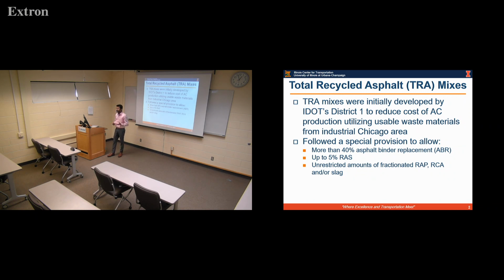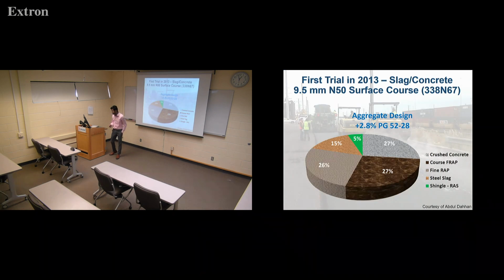These mixes followed a special provision which allowed them to use up to 40% of binder coming from recycled sources. At the same time, they were allowed to use up to 5% of RAS, and there was no restriction on the amount of RAP, RCA, that is recycled concrete aggregates, or slag to be used in these mixes.